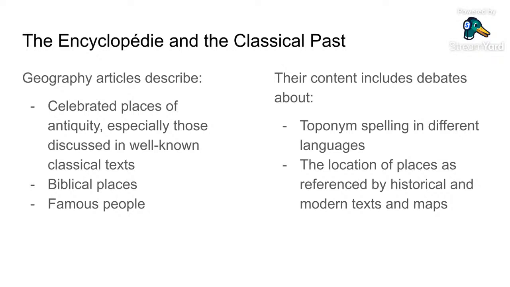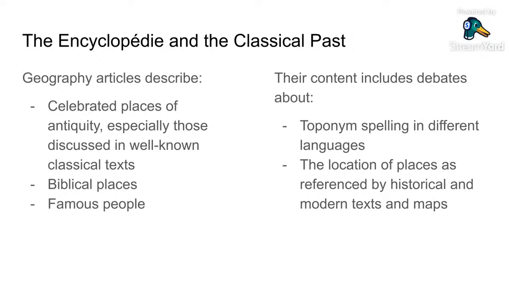So I just wanted to end this introduction with a few comments about the ways that the Encyclopedia engages with the classical past. First of all, geography articles describe a number of those celebrated places of antiquity, especially those that are discussed in well-known classical texts.